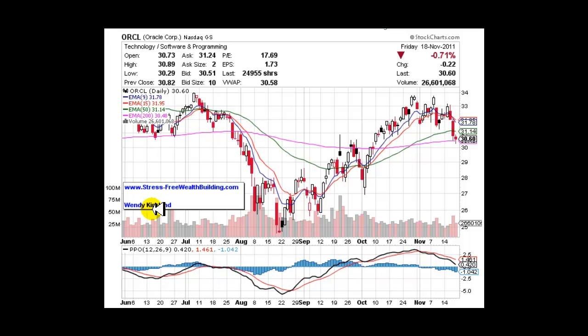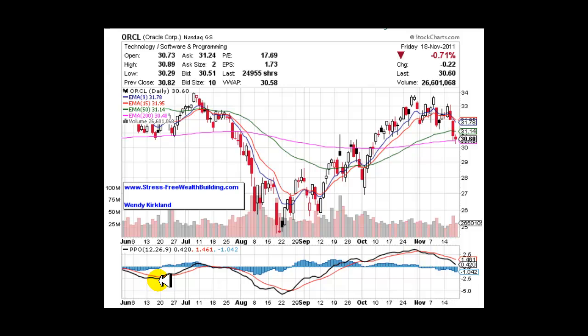So if we're going to check this out and see if you have the wherewithal, very simply, to be able to determine when a stock is going to go up or down, so that you might know ahead of time what stock to purchase, let's just test out this simple principle of the PPO.